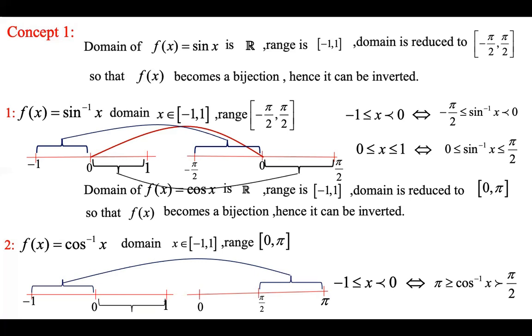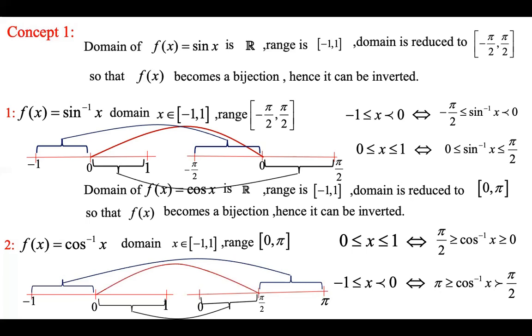So 0 to 1 will be shifted to 0 to π/2. So that is, π/2 is greater than or equal to cos inverse x. This behavior you are supposed to understand. Cos inverse x shifts from left to right, and right to left, and middle point to middle point. So this is the behavior of cos inverse x we are supposed to understand, right?